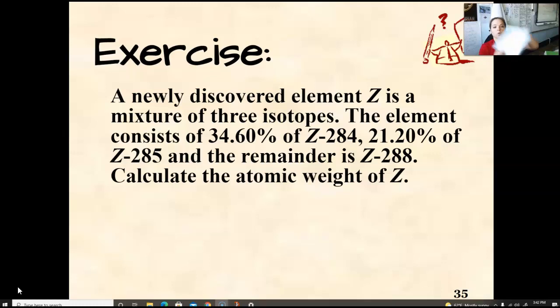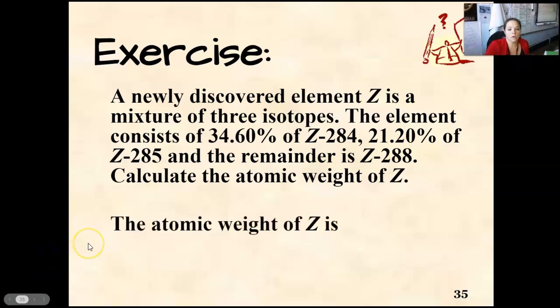You should get, hopefully, 285.98. That is the atomic weight of Z. And when I round, I get 286.0.